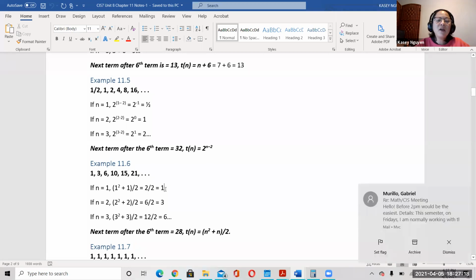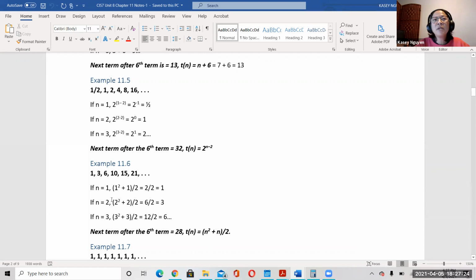Why can't I just do 1 divided by 1? Well, I still have to consider the relationship to the next value in the sequence. If I just take 1 divided by n, the next one would not be correct, because I need to represent 3 there.